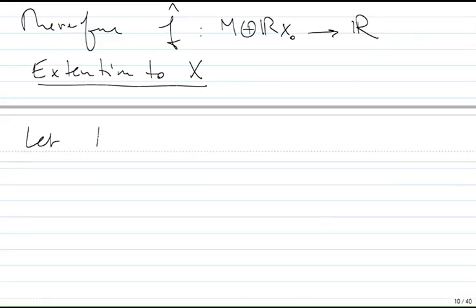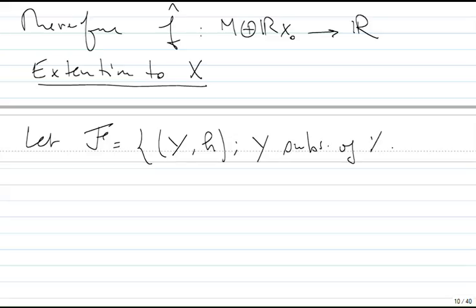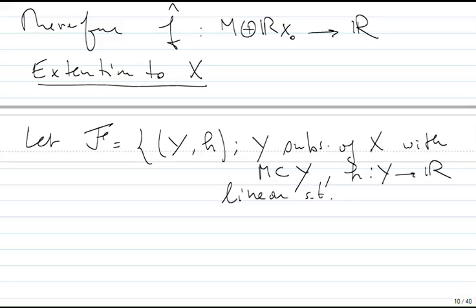So let F be the family of the pairs Y and H such that Y is a subspace of X with M a subspace of Y, H is a linear function from Y into R, such that H restricted to M is equal to f, so it's an extension of our map f.